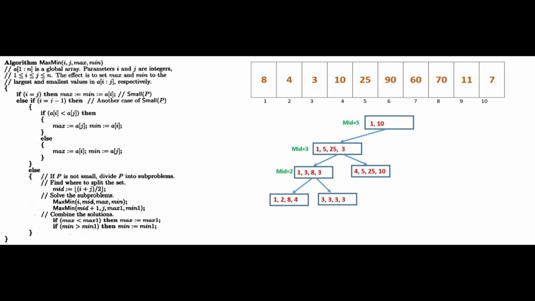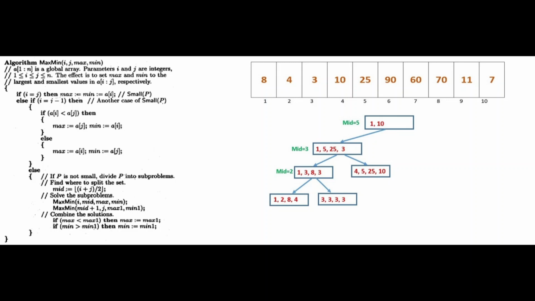But in that particular algorithm, we find the maximum and minimum value between 1 and 5, A of i to j, which is a local array.